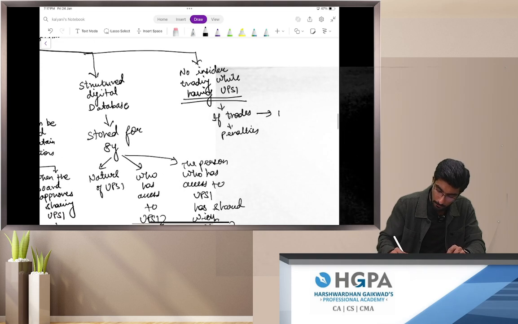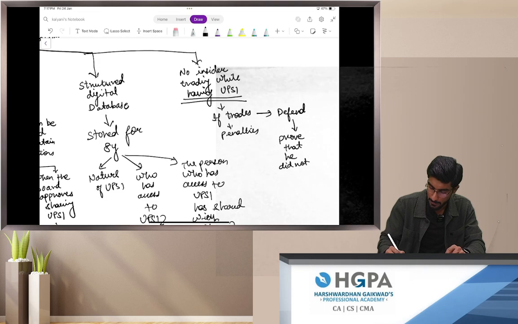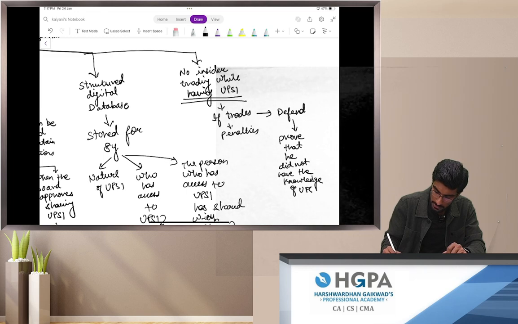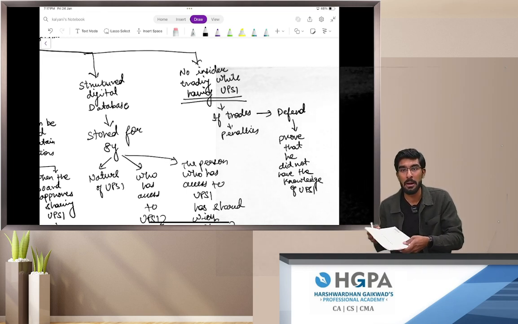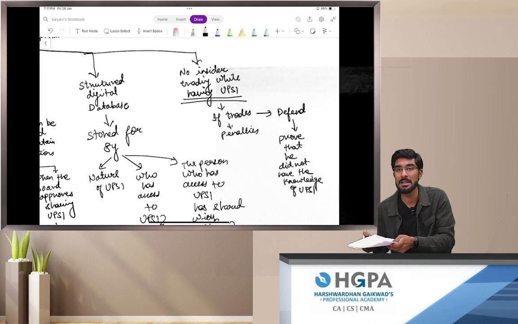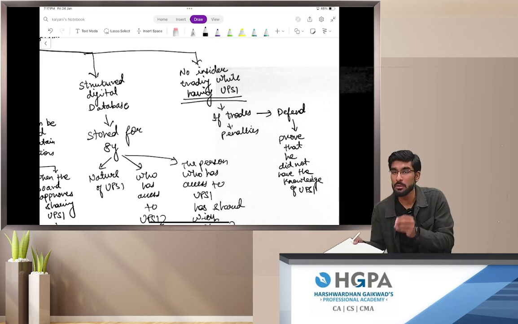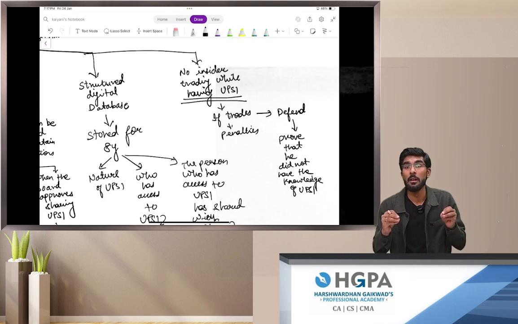If he wants to defend himself, he needs to prove that he did not have the knowledge of UPSI. He had access to UPSI, but he did not have the knowledge of the UPSI, hence he traded in the securities, so he will be absolved from those penalties.